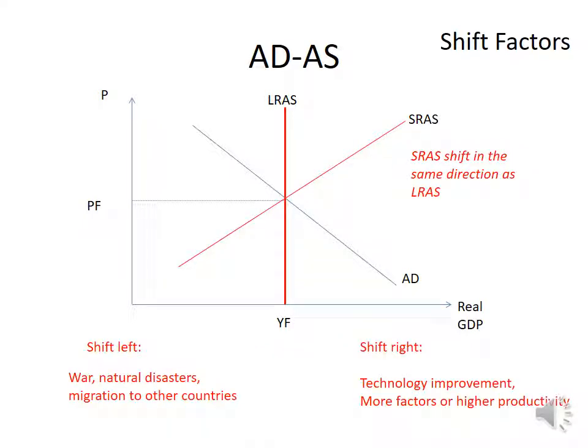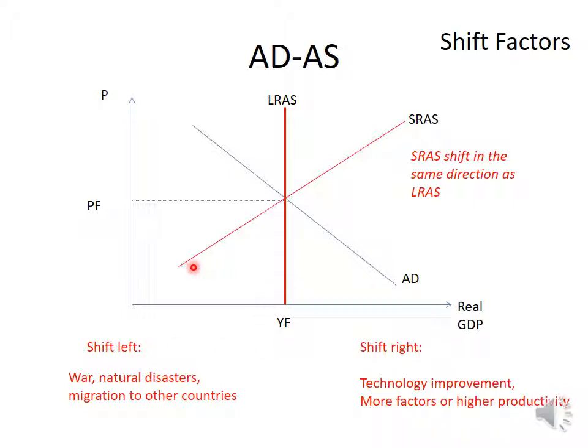Now, when LRAS shifts, LRAS measures your potential. Your potential is given by your factors of production of any economy. Shift left means your factors are being destroyed, you have less potential. Shift right means you have more potential because you have more resources or you have improvement in technology or productivity. So what can cause your LRAS to shift to the left?